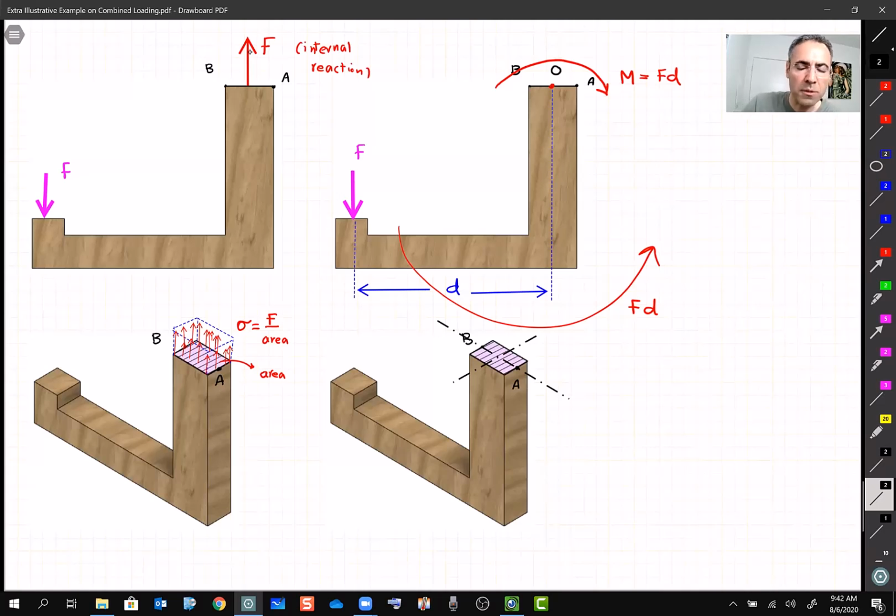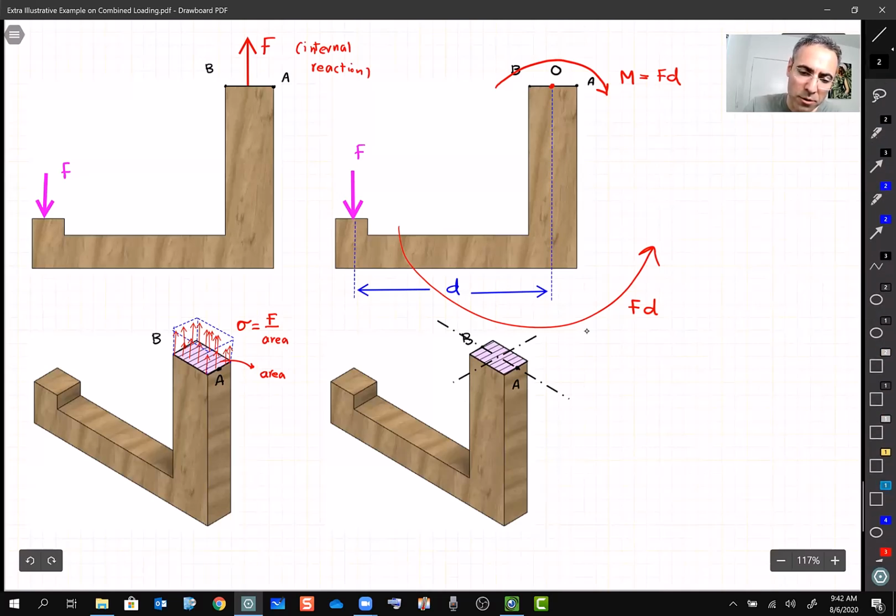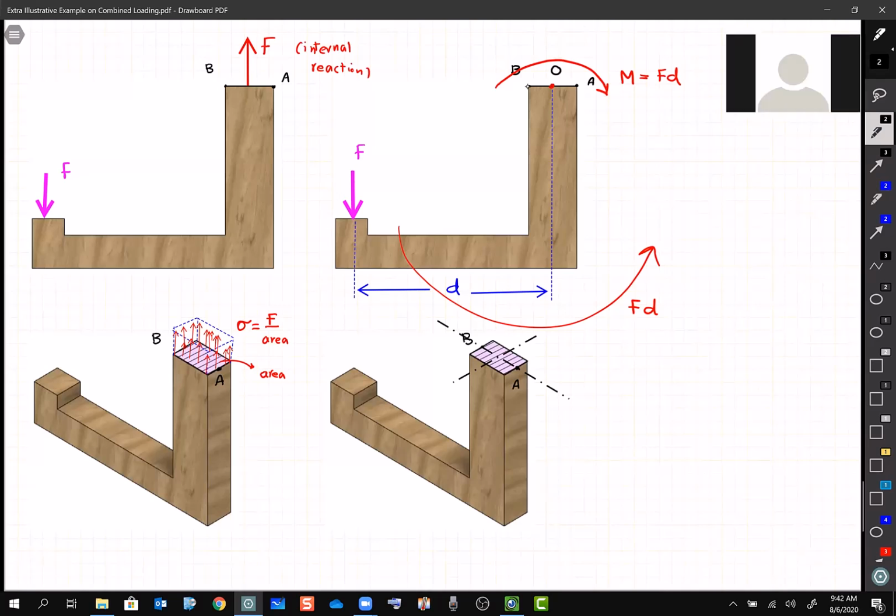In other words, which of these two axes that I drew is going to be my neutral axis? Try to visualize how things are going to bend, and then look at points A and B. I think it's going to be rotating around the one that doesn't go through B and A.